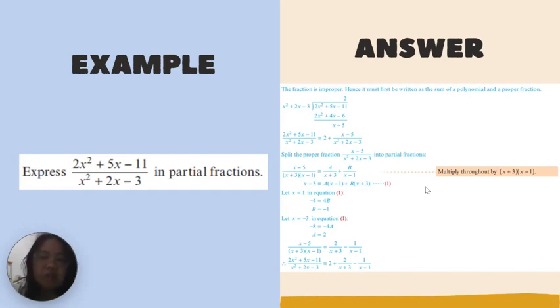So this x plus 3 and x minus 1 follows the rule of case 1. We just need to solve it using the case 1 rule, which is A over x plus 3 plus B divided by x minus 1, and solve it just like the other partial fractions we learned before.